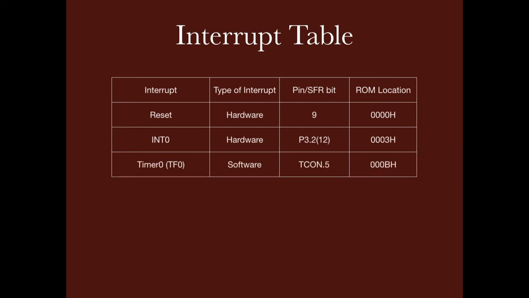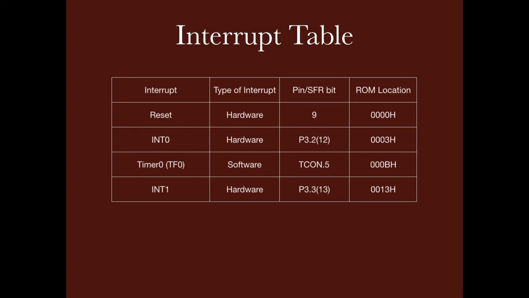Then we have the timer 0 interrupt. It's a software interrupt with vector location 000BH, and this interrupt is raised whenever timer 0 overflows, and it is indicated by the 5th bit of the TCON register. INT1 is a hardware interrupt again similar to INT0.